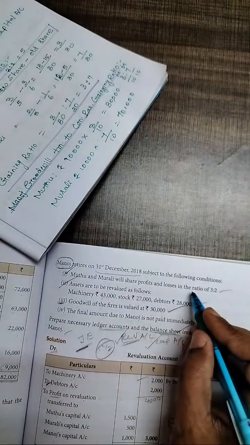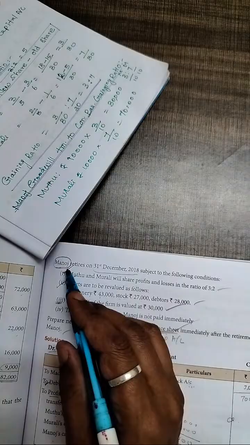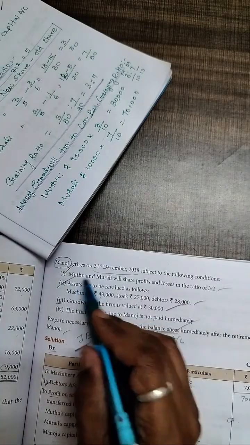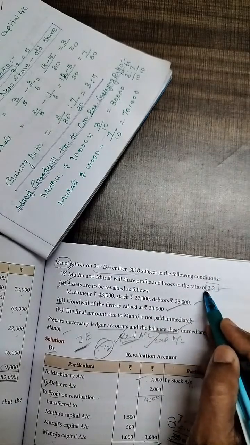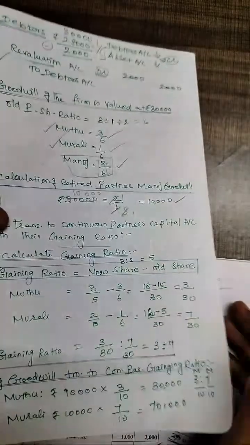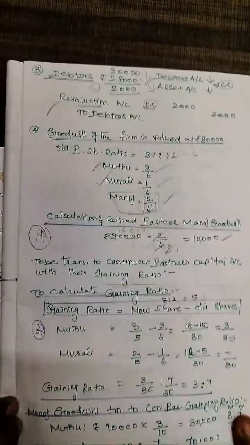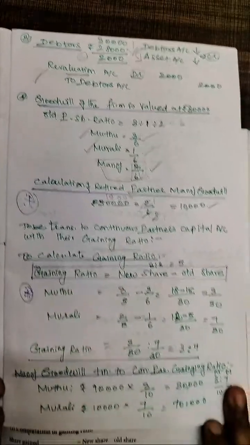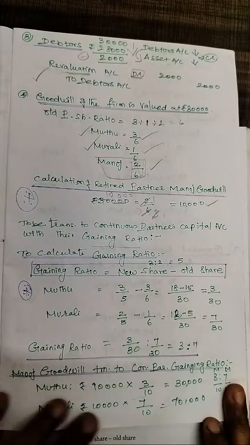But here, in adjustment number 1, they have given the new profit sharing ratio. Listen, after Manoj retired, Muthu and Murali will share profits and losses in the ratio of 3 is to 2. So this is called the new profit sharing ratio. How can you calculate the gaining ratio if they have given both the new profit sharing ratio and the old profit sharing ratio?